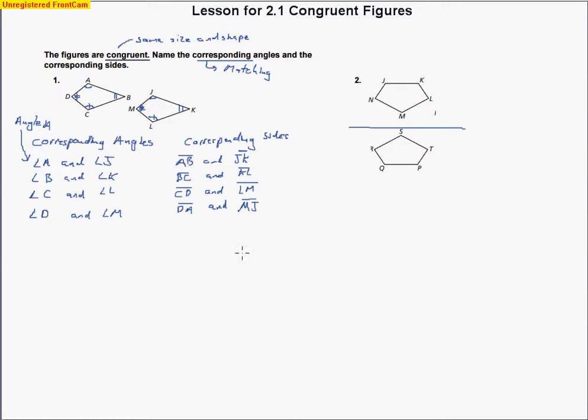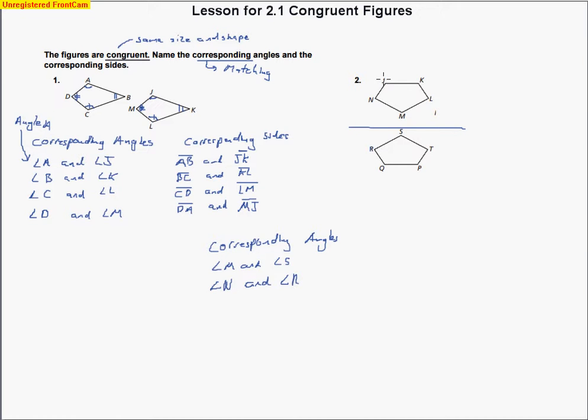So we'll write down, I'll write it over here, corresponding angles. And we'll see M and S correspond, so angle M and angle S. And then N and R, this wasn't my R here, I just took off the leg of it there. So angle N and angle R correspond.